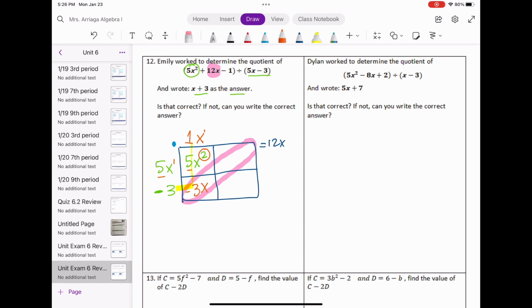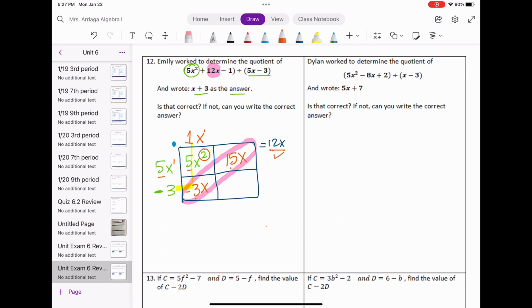So this is a difficult part. We have a negative 3x. How much do we have to add to get that 12x? And the answer is 15x. So 15x minus 3 should give you 12x.